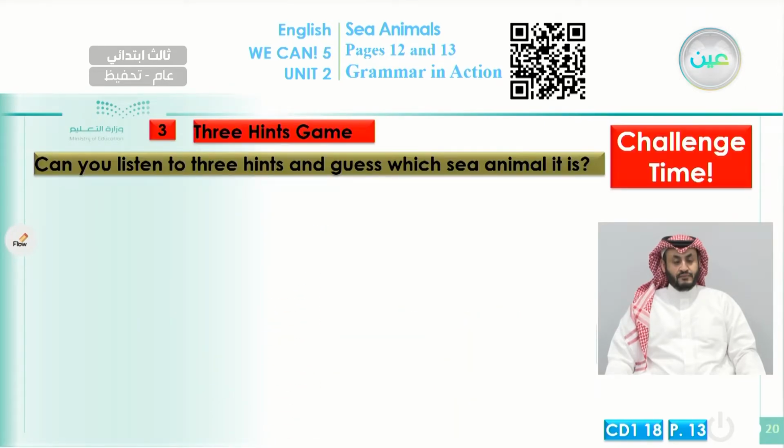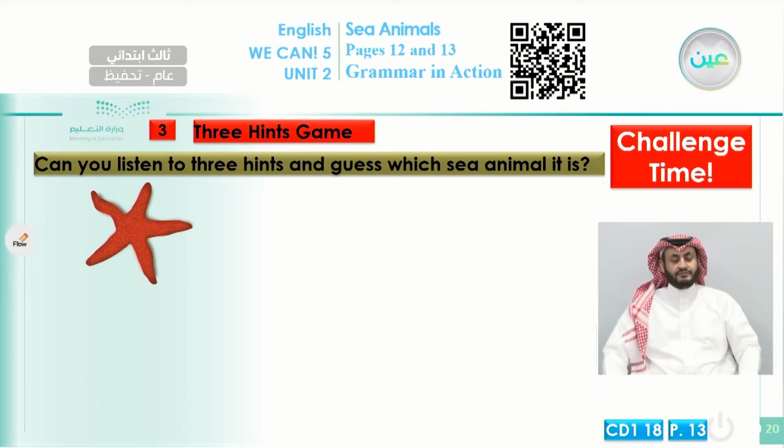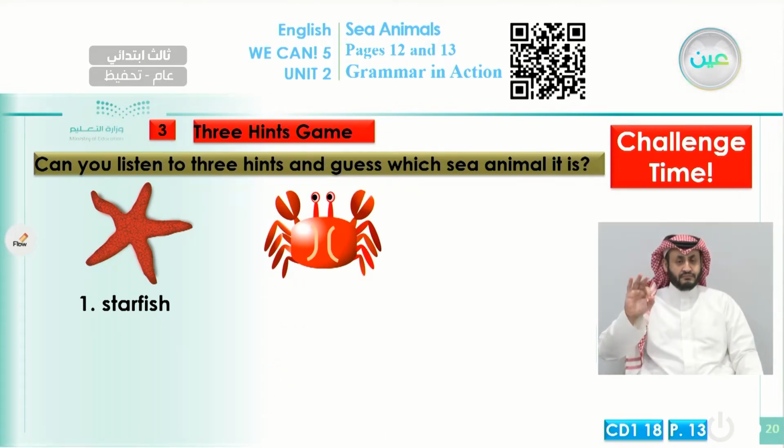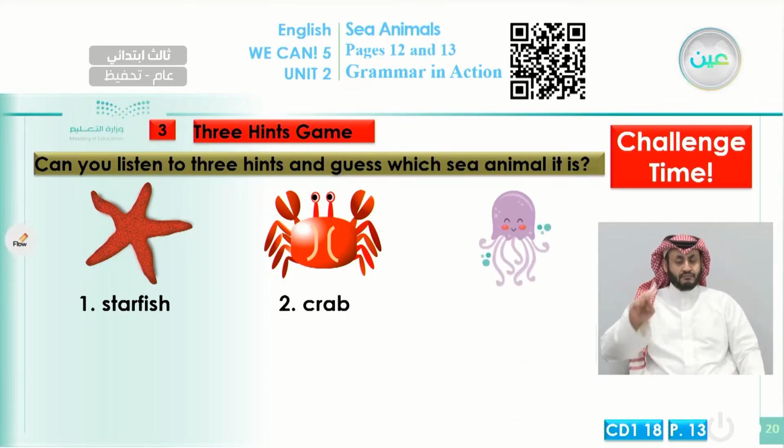Let's go to exercise number 3, and now you're going to be given some hints, and you will decide what this animal is. Can you listen to three hints and guess which sea animal it is? Okay, now we have this one. What do you call it? We call it starfish. Okay, this one, what do you call this one? It's a crab. Here we call it jellyfish.